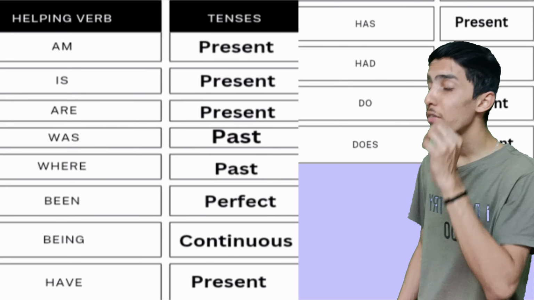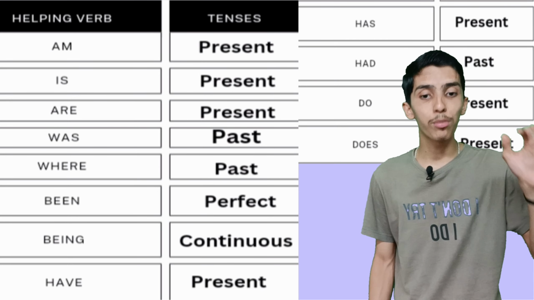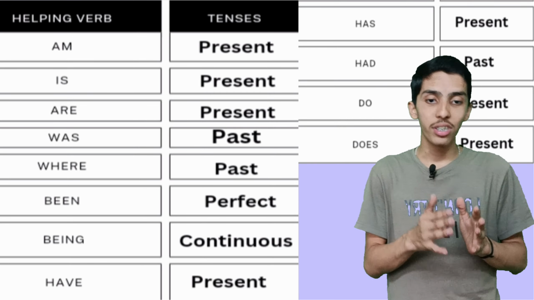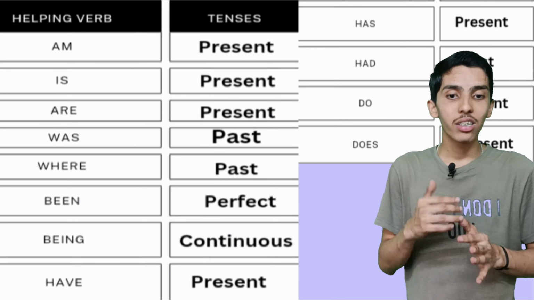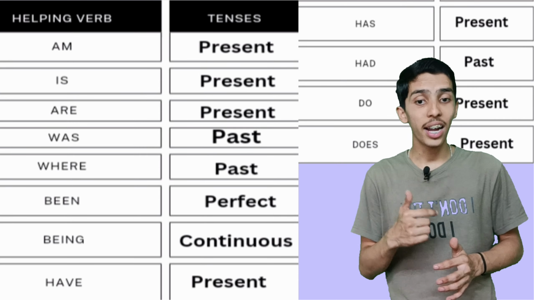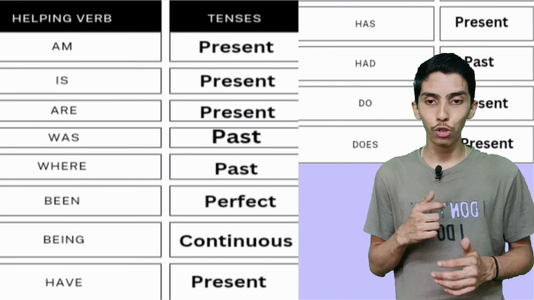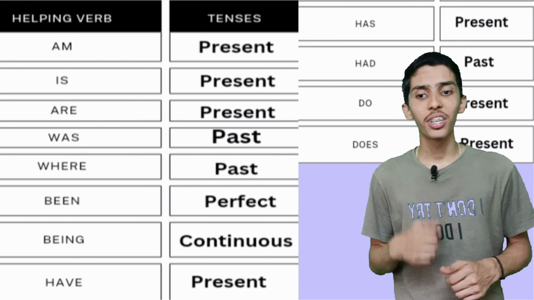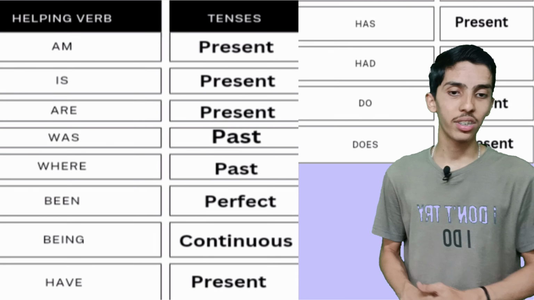Being: whenever ing comes, it's called continuous tense. Has is present. Have is present tense. Had is past tense. Do is present. Does is present. Did is a past tense.